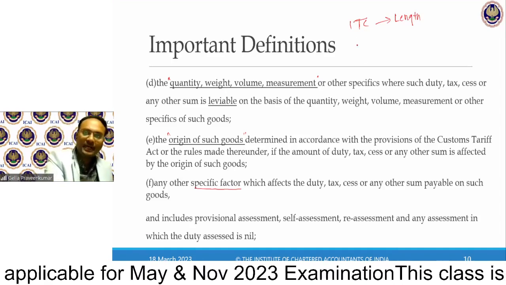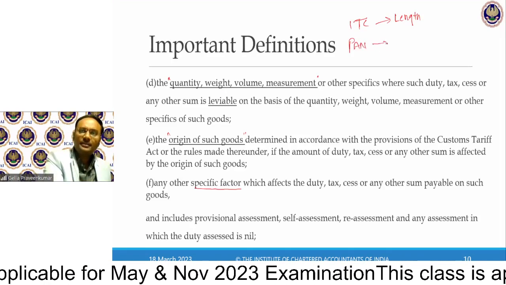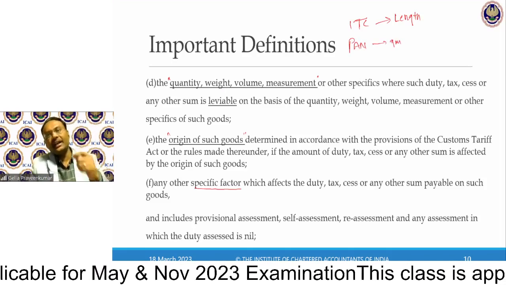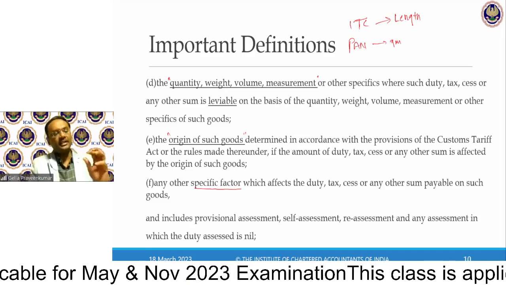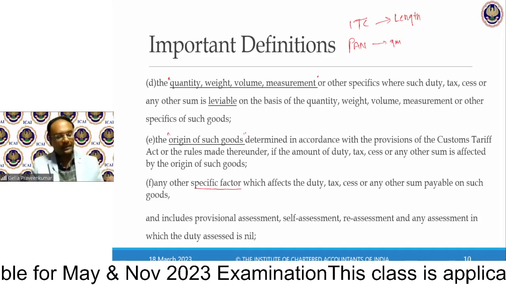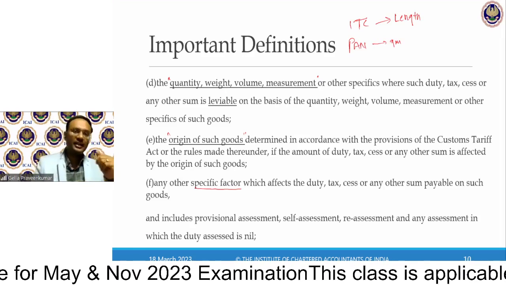Similarly, in case of pan masala and tobacco products, on the basis of grams, whatever the tobacco content is, on the weightage I levy my duty. So here you have to know: is my goods subject to duty on the basis of a unique unit of measurement or in general?